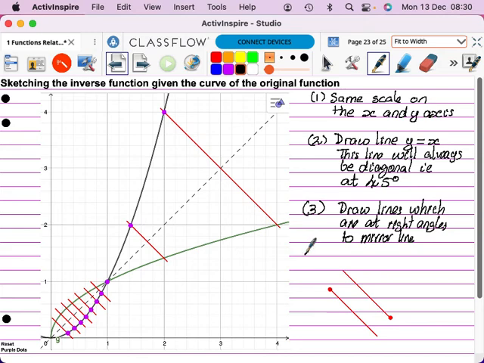Number four, the distance to the mirror line from the graph equals the distance to the plotted dot.